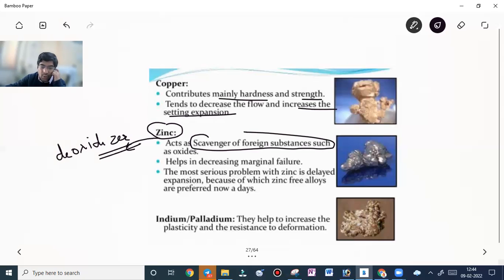What it will do is prevent the oxidation of important elements like silver, copper, or tin. Oxidation of these elements would seriously affect the properties of the alloy and the amalgam. So remember, the alloys that are without zinc are more brittle.